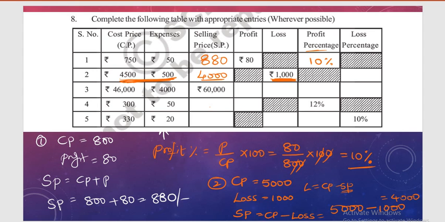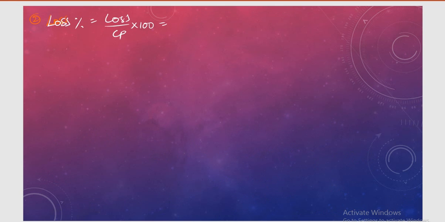CP is 5000. So it can be written as 1000 by 5000 into 100. Here these three zeros I can cancel. That means 100 by 5, which is nothing but 20% loss. So he has incurred a 20% loss, right?